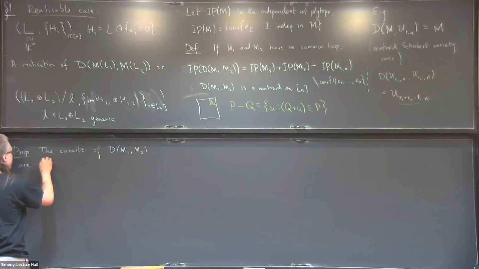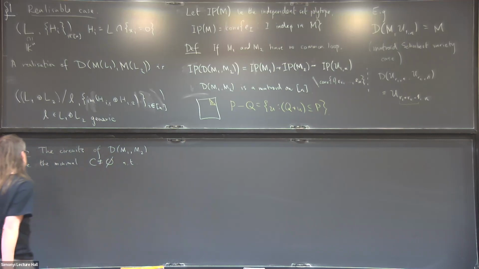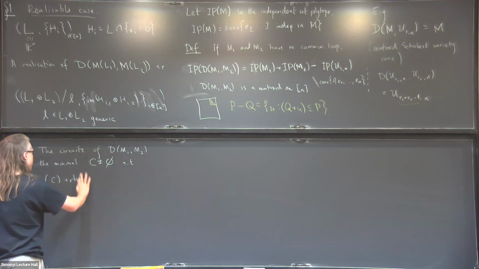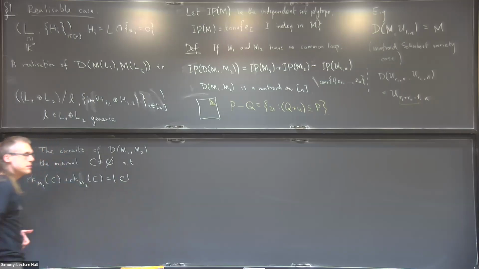They are the minimal non-empty sets C such that if I look at the rank of C in both matroids, the sum is exactly the size of C.